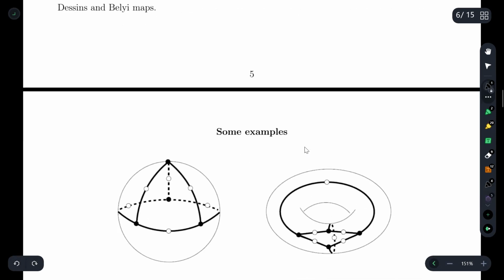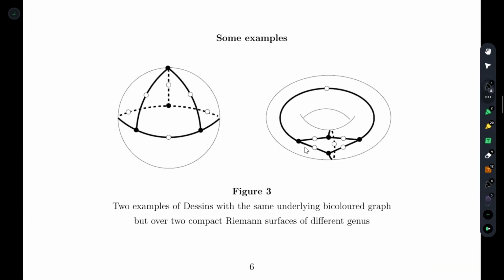Yes, and here are two examples. As you can see, this is a design over the Riemann sphere. And as I told you, the vertices are colored either black or white, and adjacent vertices are colored differently. And this is another design over the complex torus.